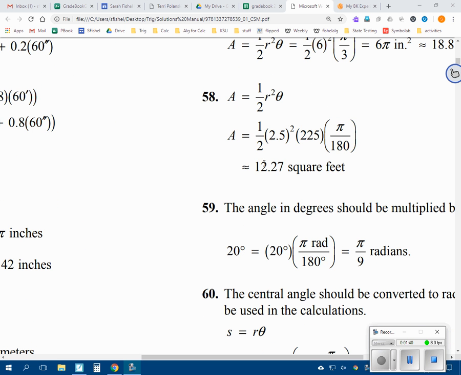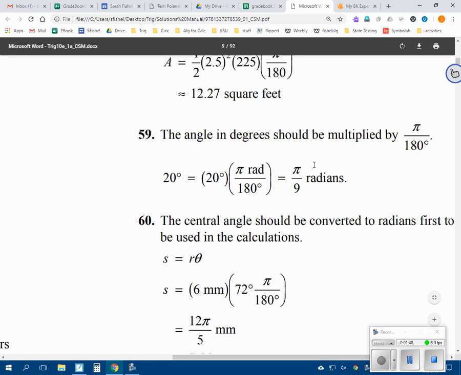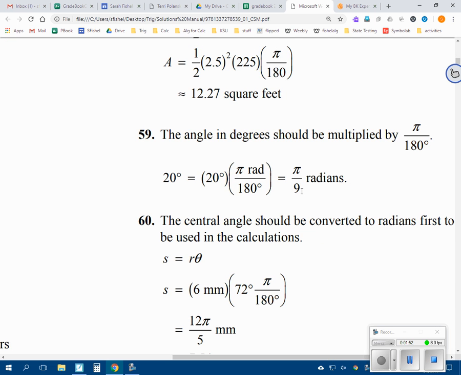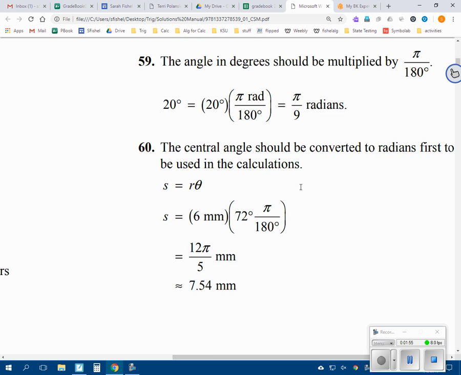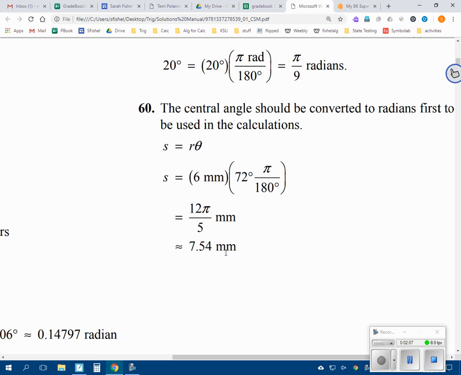58, approximately 12.27 square feet. 59, pi over 9, which is in radians. 60, 12 pi over 5 millimeters, or 7.54 millimeters. We'll go over them, relax.